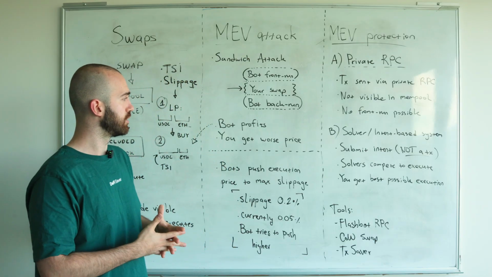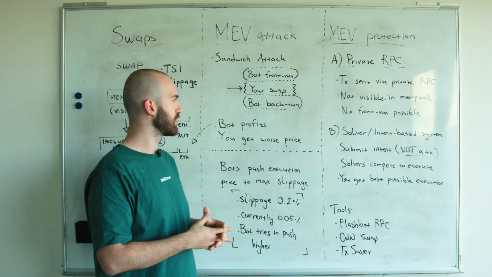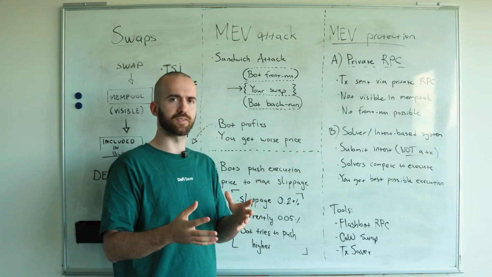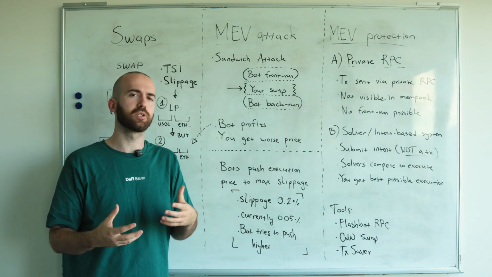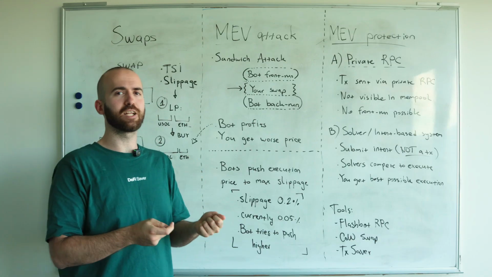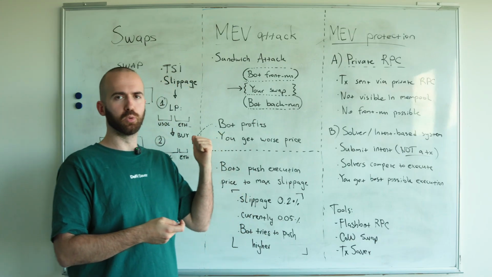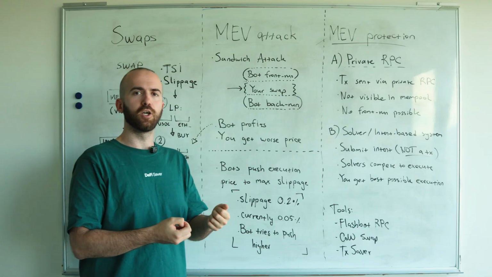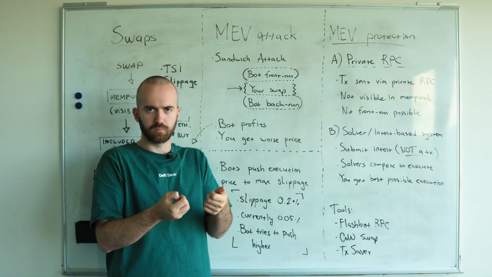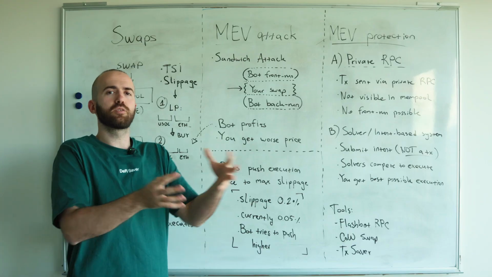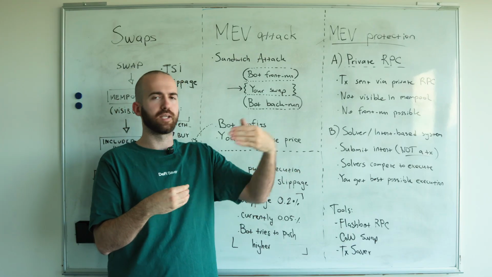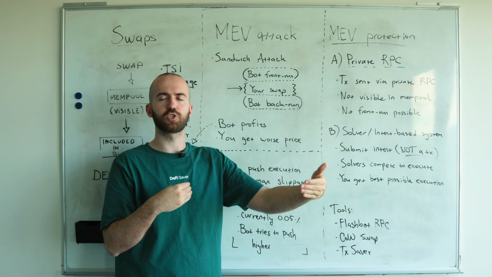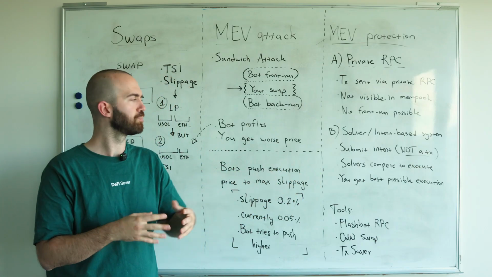Now, another defense mechanism is a solver or intent-based system. So how this works is that you don't submit a transaction to a mempool, you submit an intent. You essentially just tell the solver, I want to execute this swap. I want to sell this much USDC and buy this much ETH, for example.